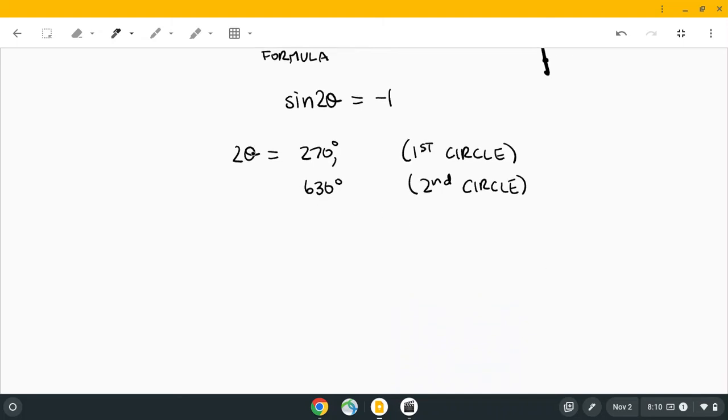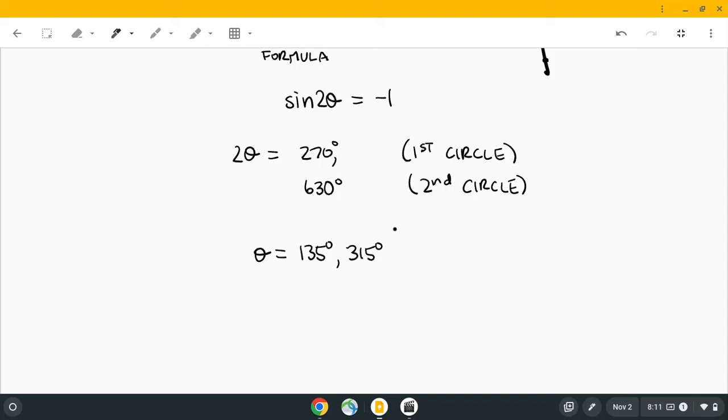Now we can solve for theta. Divide both sides by 2. So theta equals 270 divided by 2, which is 135. And 630 divided by 2 is 315.